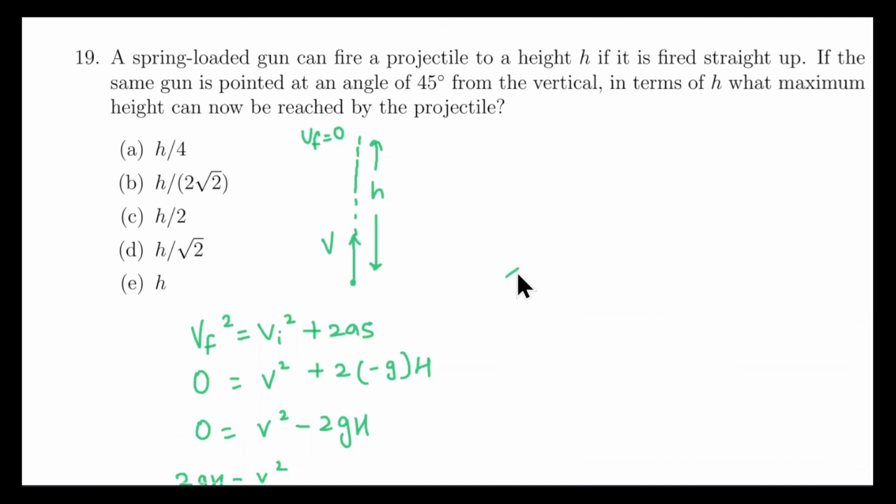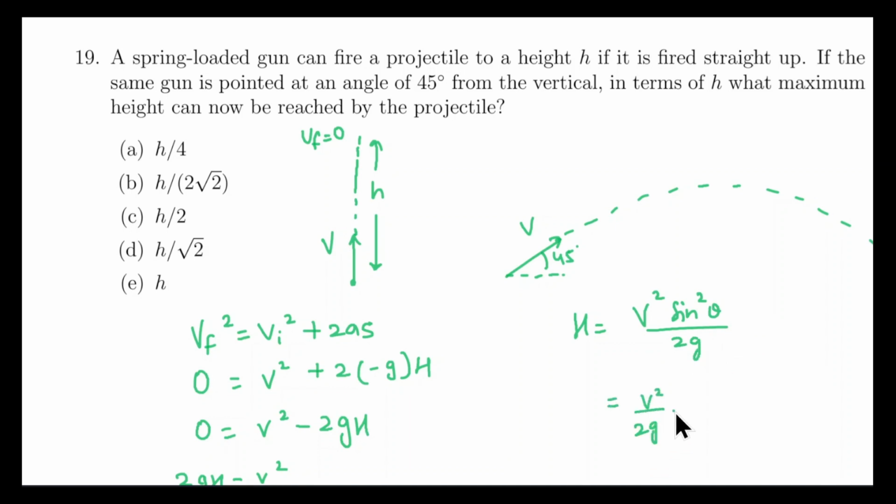Now, if it is fired as a projectile, again I'm going to use the direct formula that I just used in the previous question. It is at 45 degrees, so height will be v squared sine squared theta over 2g. So v squared over 2g remains as it is, and theta you are saying is 45, so sine 45 squared.